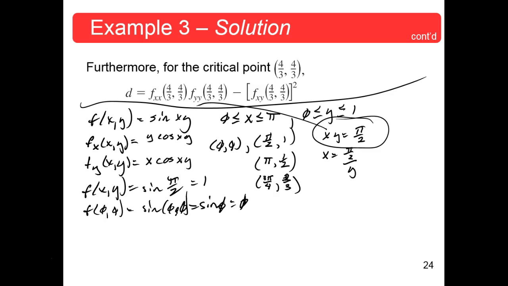Of course, it's 0, 0, 0. Everywhere along the y-axis is 0. Everywhere along the x-axis is 0. You're going from 0 to pi on x and 0 to 1 on y.